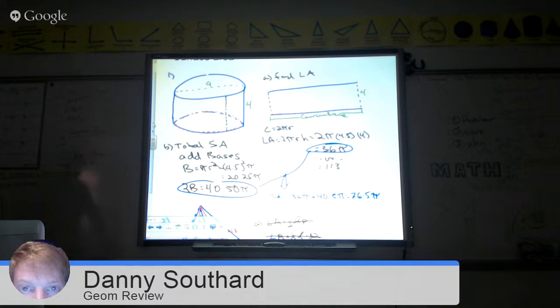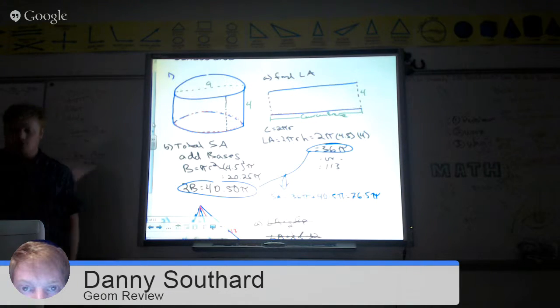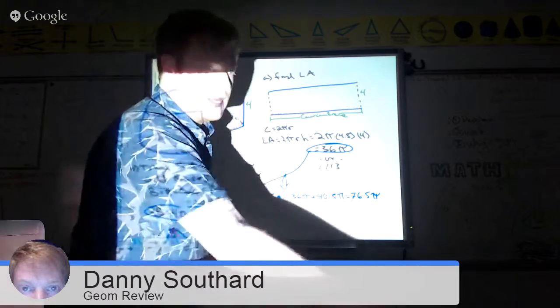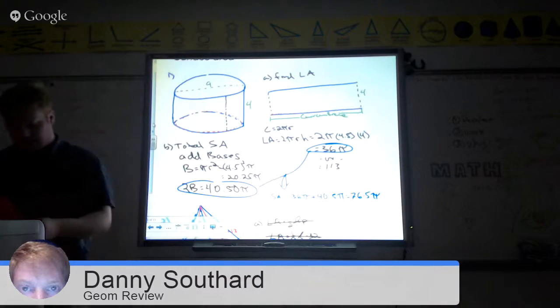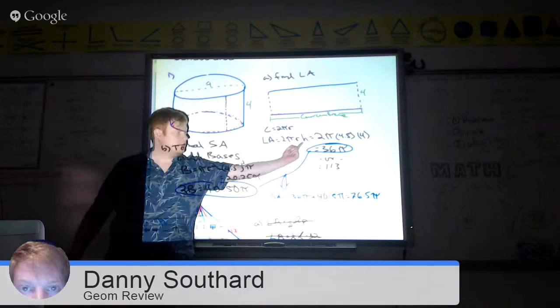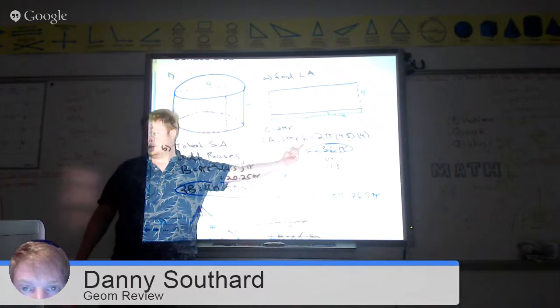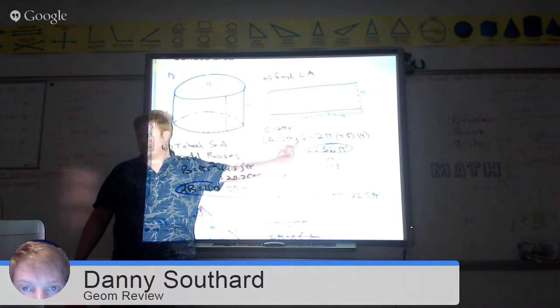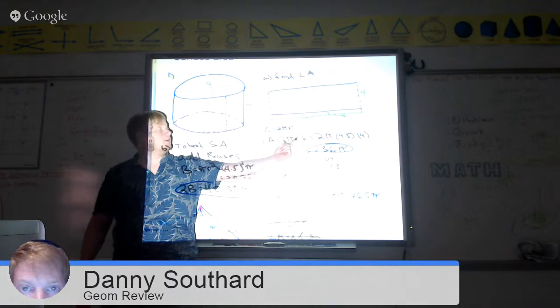The circumference thing, is that different? Why did you need to find this? If you look at your formula sheet, tell me what it says for lateral surface area under the cylinder. It's 2 pi r times the height. Were you trying to find the surface area?